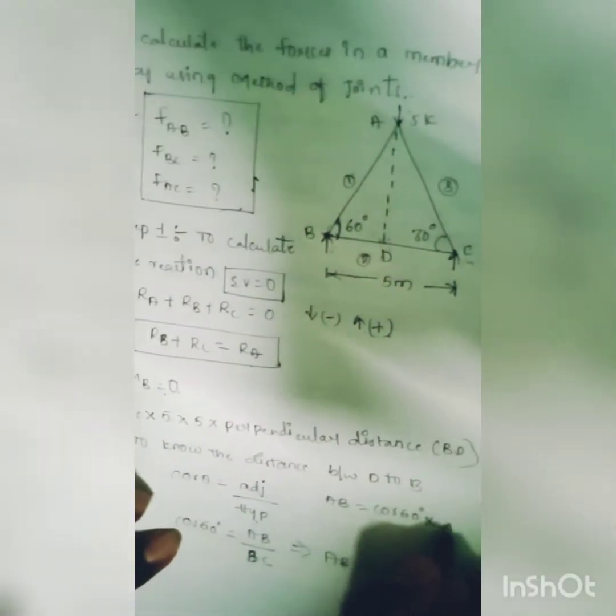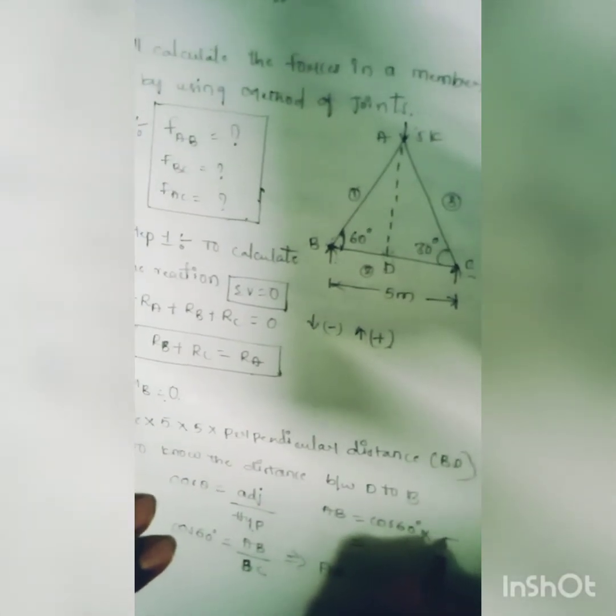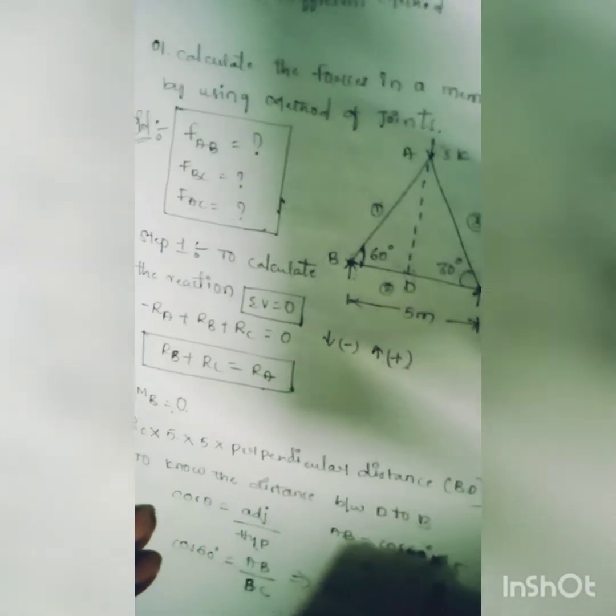BC is given in the question, the distance between B and C, that is 5 meters. So AB equals cos 60 into 5. Let us do it in the calculator and see the answer.